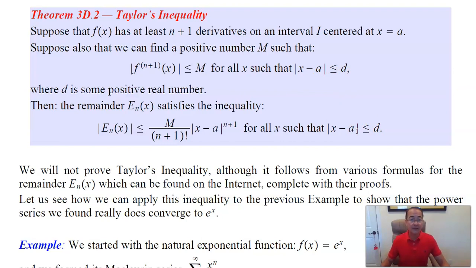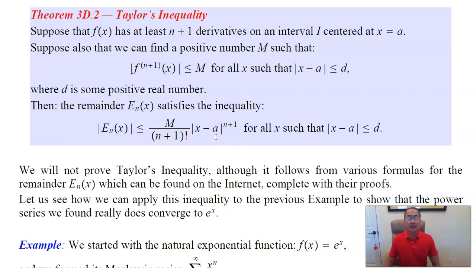I will be the first to admit that this is not a very easy inequality to understand. Okay, so first you have to find this capital M so that the n plus first derivative is less than or equal to M, where x is between a minus d and a plus d. And if so, then the error in absolute value is at most this fraction, M over n plus 1 factorial, times x minus a to the n plus 1.